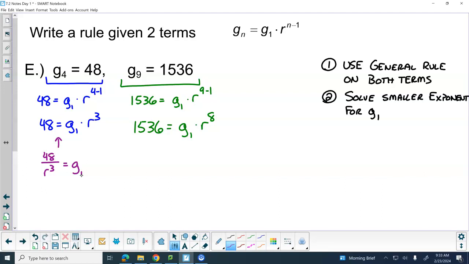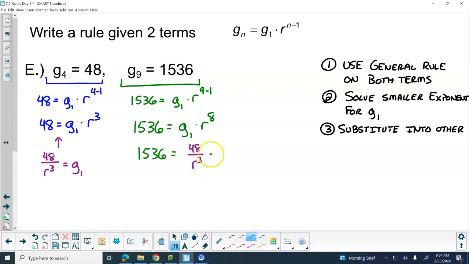Then I'm going to substitute into the other one. So I'm going to take 1,536, and that's now going to equal, instead of g sub 1, I'm going to say that that is 48 over r cubed times r to the 8th.